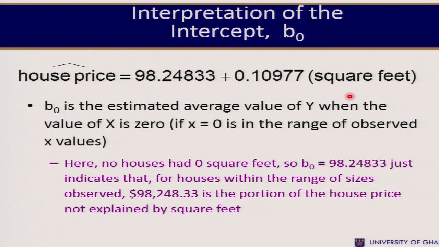In terms of interpretation, since we said that beta naught is the estimated average of y when the value of x is 0, then what we mean is that if square feet is 0, then the price of the house will be 98.24.